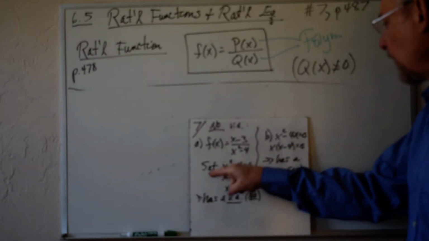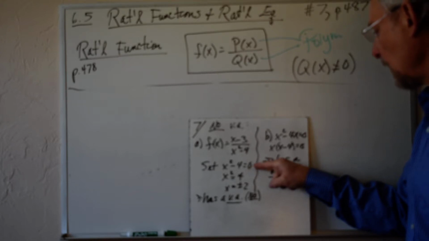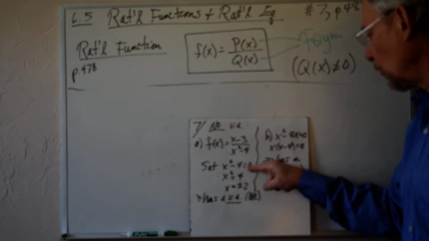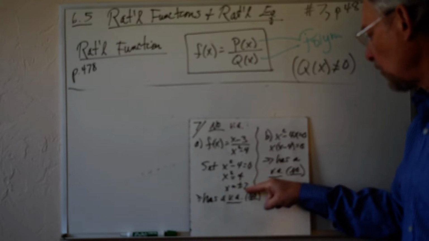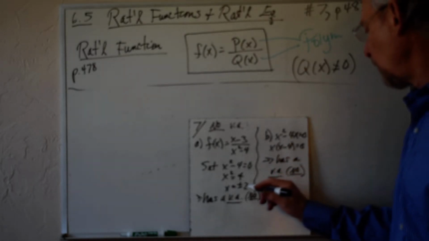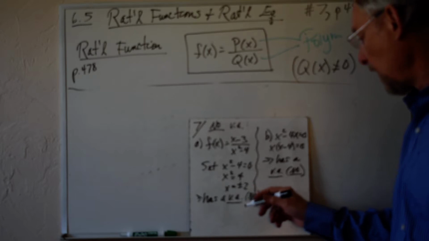So we want to set the denominator equal to 0 and see if there's a vertical asymptote. I see that I get 2 solutions to that, plus or minus 2. So I see that this function has a vertical asymptote at x equals 2, and it has another one at x equals minus 2.